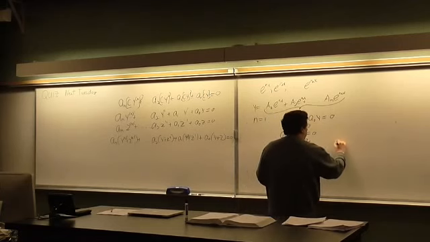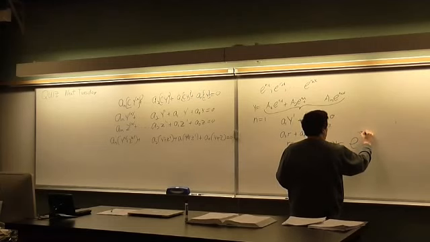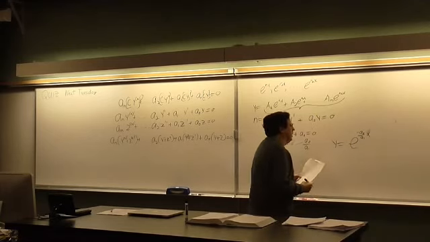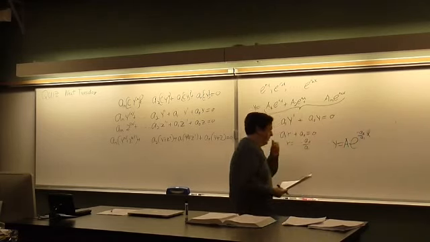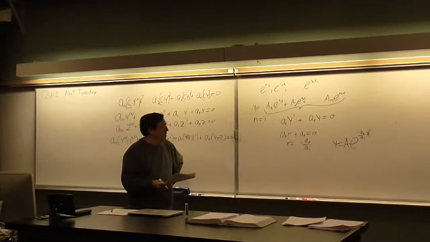And that tells us that the solution is e to the negative a0 over a1 times x, right? Furthermore, we can just put some arbitrary constant in front of that. Okay, that's nice.